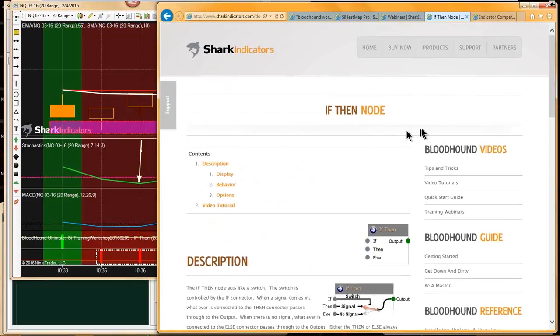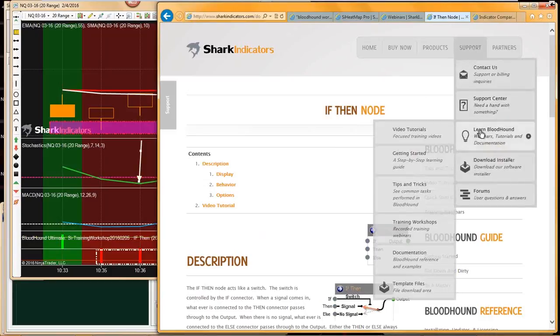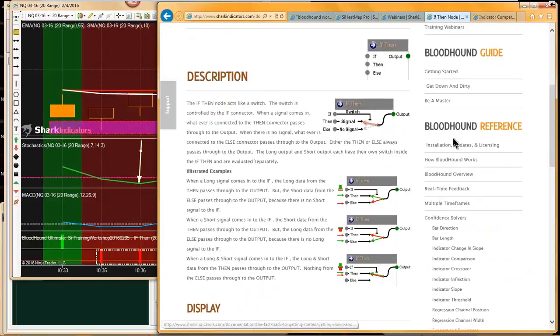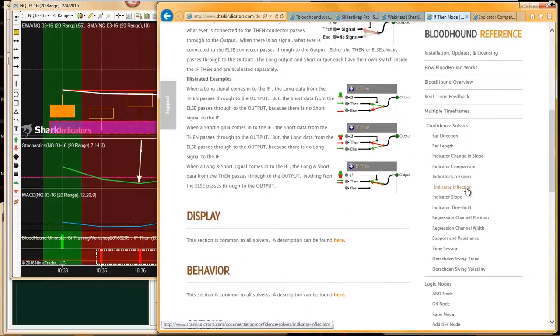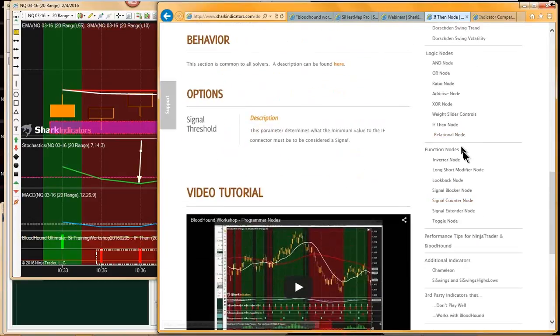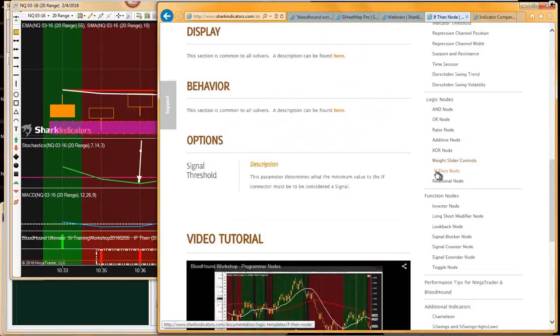So when you get to this page, what you want to do is go to the Learn BloodHound menu here, and then scroll down this side menu, and you'll find the if-then is underneath the logic nodes. All right, and there it is.